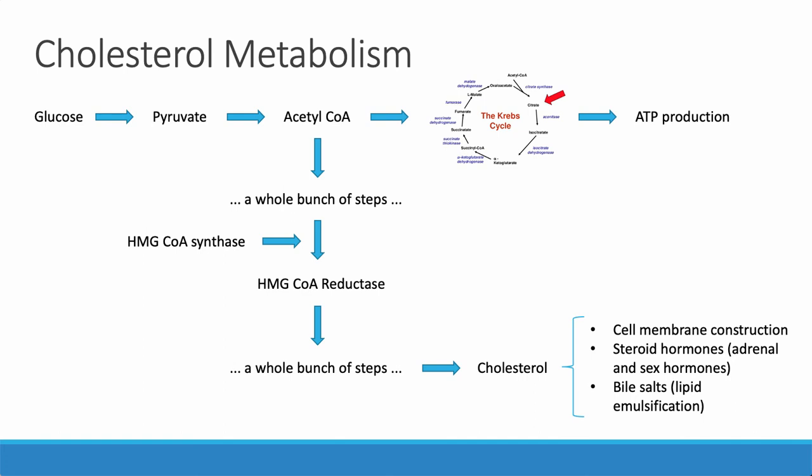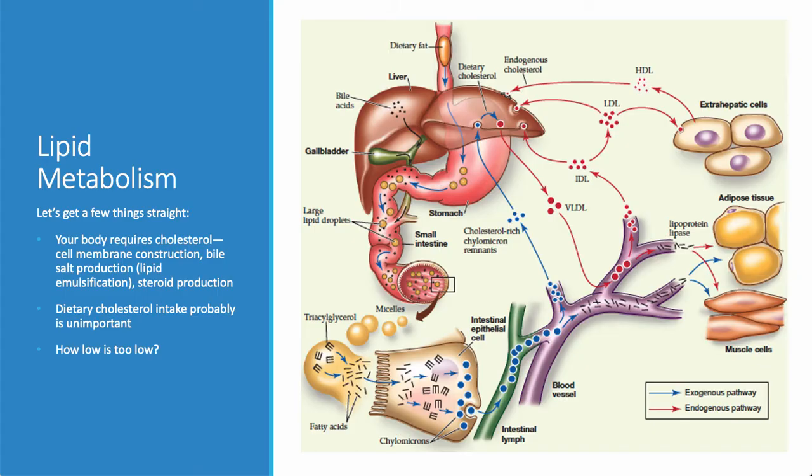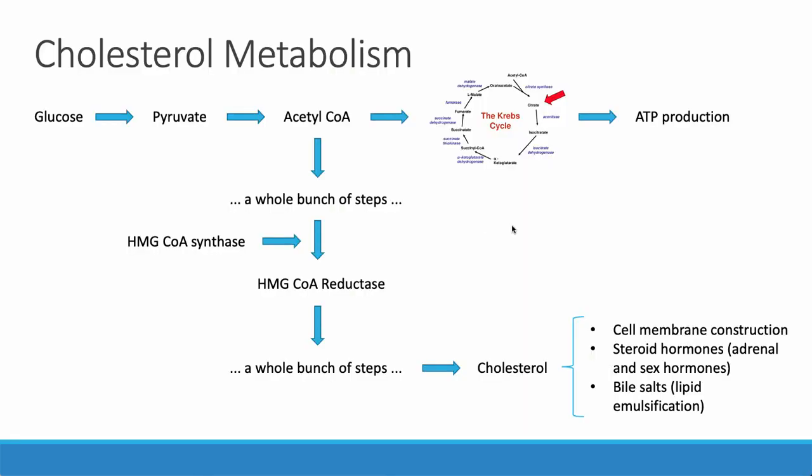The other big important thing is bile salts. So you remember in that step here, when the cholesterol gets back to the liver, it produces bile acids, and those bile acids go into the duodenum and allow for emulsification. You remember what emulsification is, right?